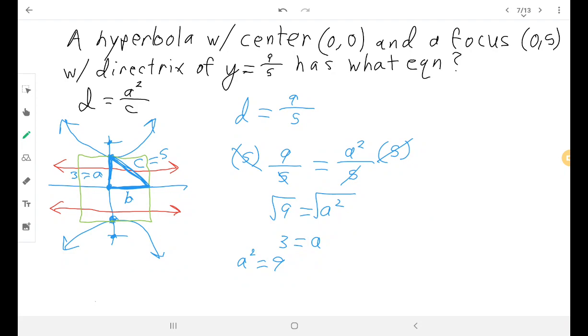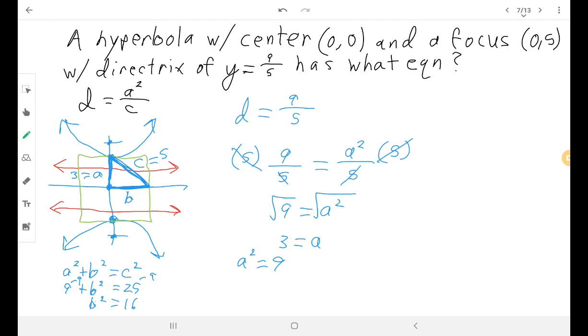So, looking at it, we can tell that a squared plus b squared equals c squared. And we know a squared is 9. We don't know b squared. We know c is 5, so c squared is 25. If we subtract 9 on both sides, we'll get that b squared is 16. And I don't even have to calculate b, because I'm trying to find the equation, and the equation is over a squared and over b squared, right?